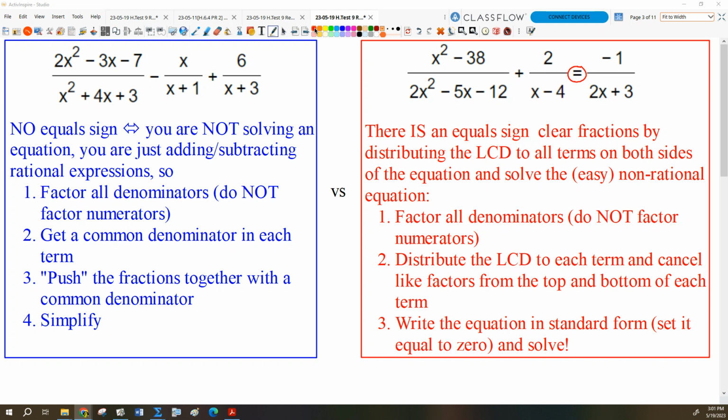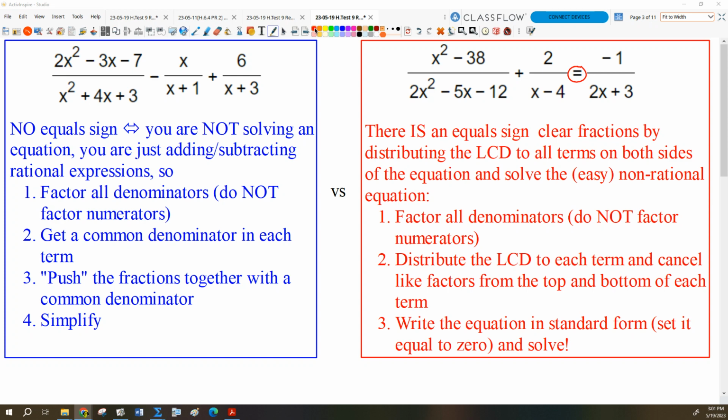Do we factor numerators? No, we don't factor numerators. When you're adding or subtracting fractions, not only is it not necessary, it's a bad idea, right? There's no need to do it because ultimately, think what we're going to end up doing several steps down the line. We're going to get common denominators in all of these fractions. And once we have common denominators and we're adding and subtracting terms, we know how to do that.